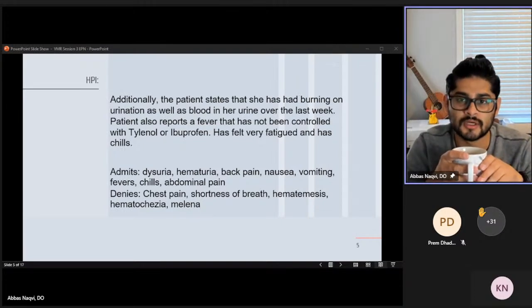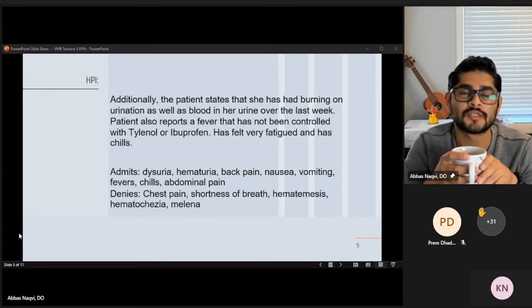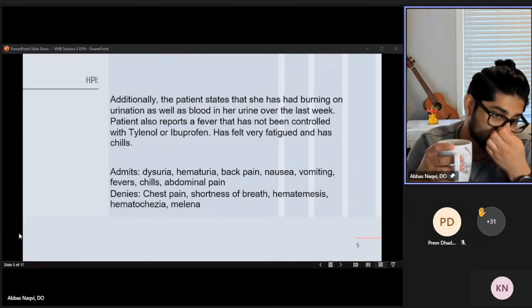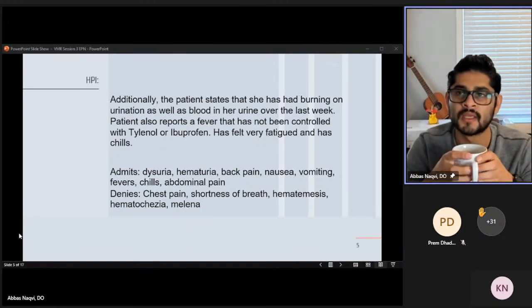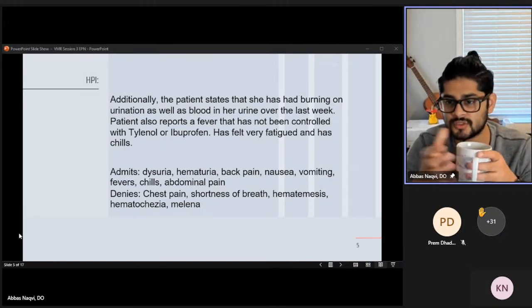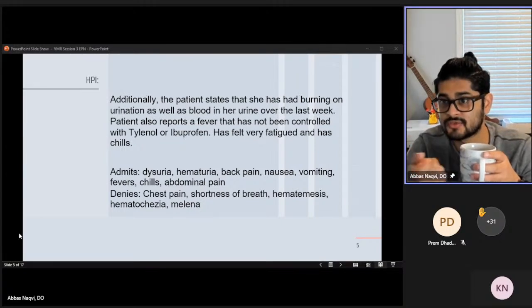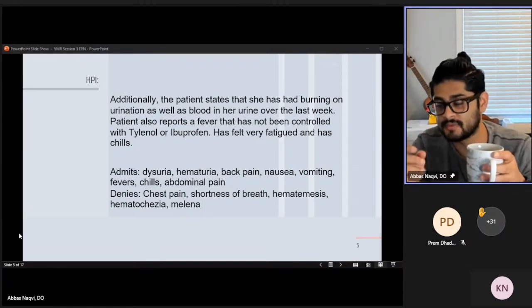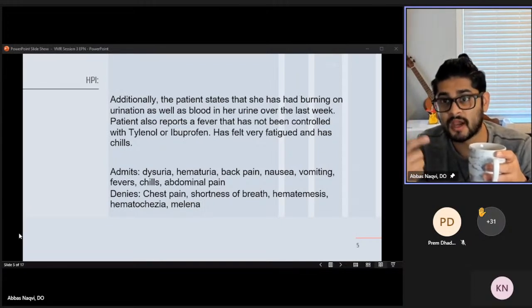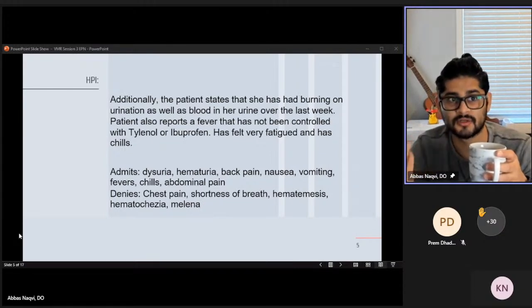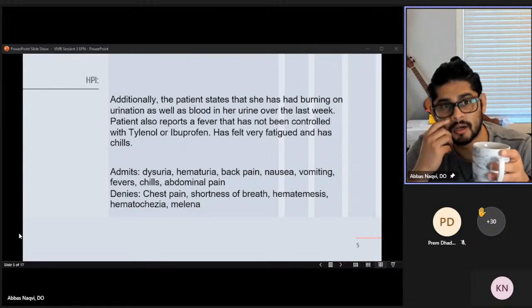All of those can cause you to have gastritis and eventually ulcers in the stomach. If you develop an ulcer that burns into a vessel, that vessel can rupture into the stomach. And if it's a very high volume that's coming into the stomach, you're going to be vomiting blood. That's your hematemesis.